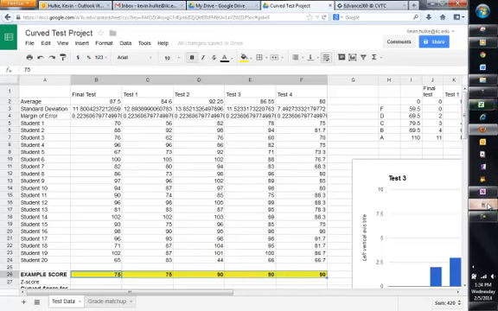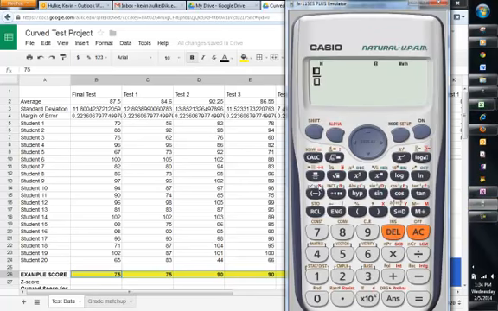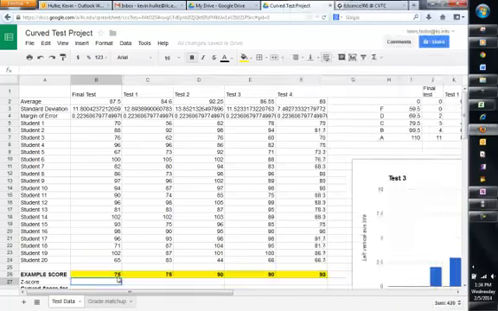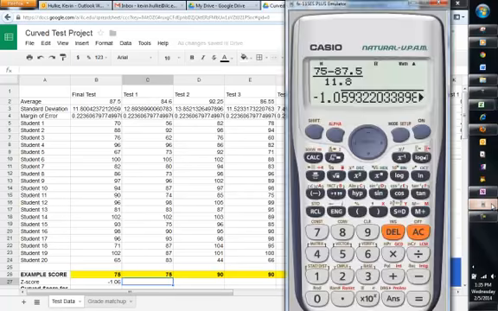Remember, the z-score is the fraction of your score, which in my case is 75, minus the average, 87.5, over the standard deviation, 11.8. Now, according to the calculator, my z-score is negative 1.06.